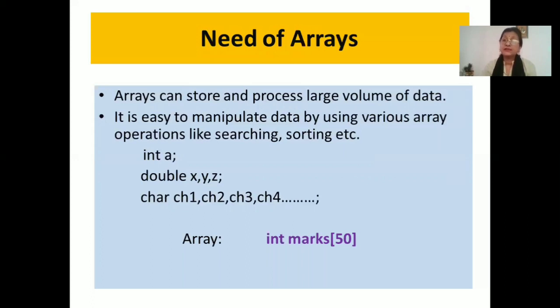Means all the marks of the 50 students can be grouped together under the same variable name, that is marks here. 50 is the size, that is how many marks can be stored, and int is the data type, means all the 50 values present in that group marks are integer types. So what is the need? The need is, it is very easy to handle a large volume of data.